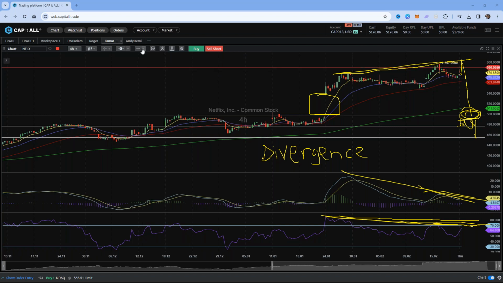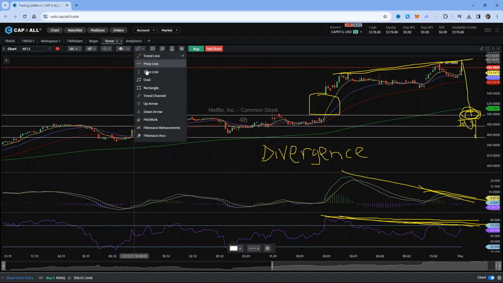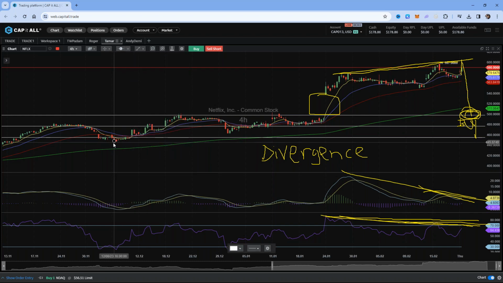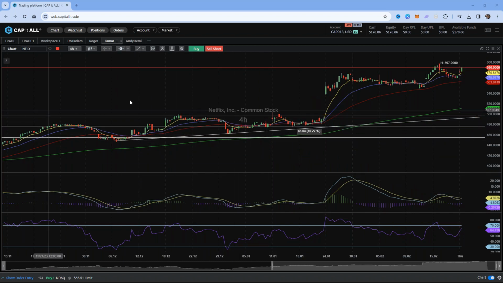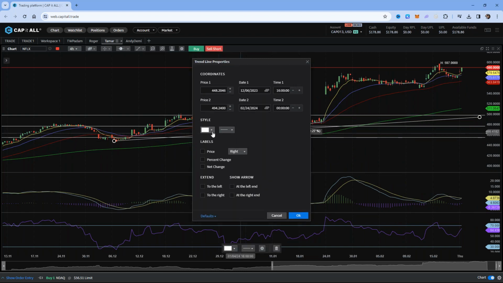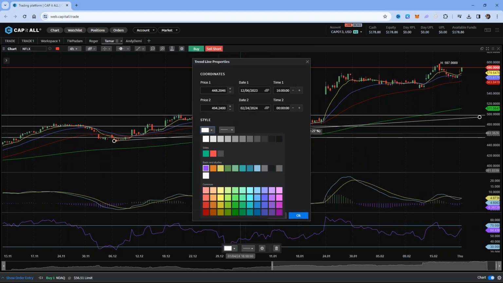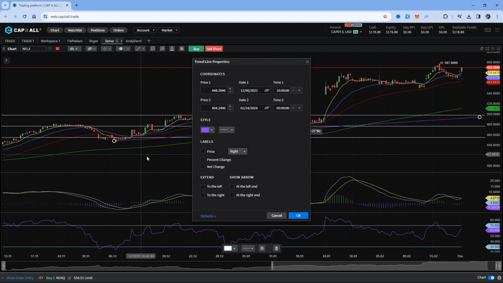And we can even possibly draw some kind of support line. Look at that, nice support line there. Let me clear this up. Let's change the color, let's make it purple and a bit thicker.